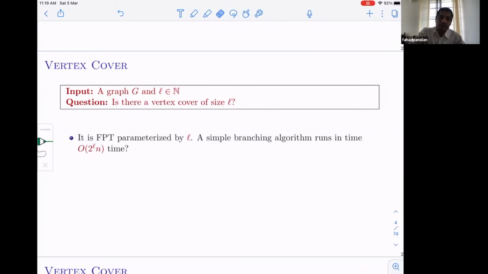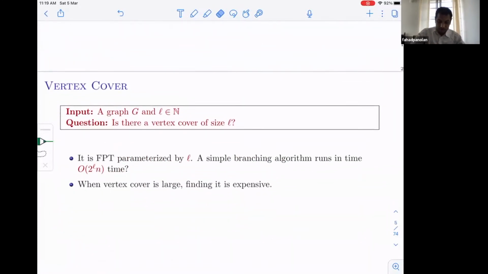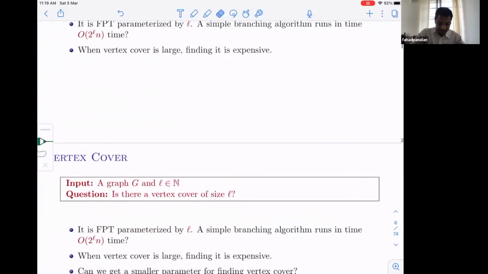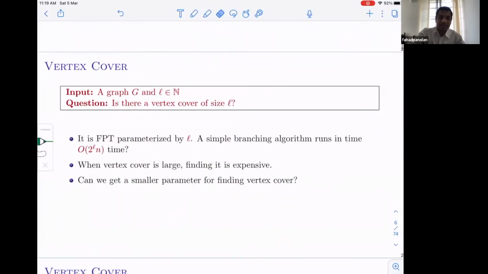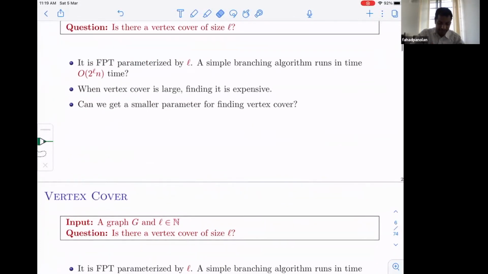So then what you can do is try for a parameter which is much smaller than vertex cover, and try to find a vertex cover parameterized by that. So this is what I asked: can we get a smaller parameter for finding vertex cover, smaller than the vertex cover number, and then design an FPT algorithm with that parameter? Turns out that there are a lot of them.